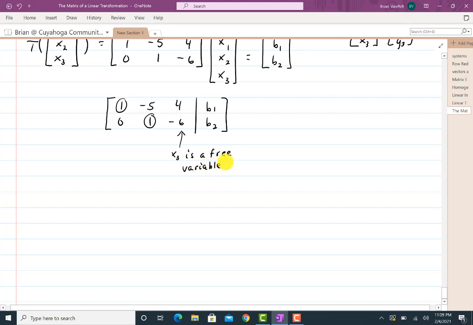If it's a free variable, then I most likely have an infinite number of things that will map to b1, b2. So thus, we have multiple vectors that map to b1, b2.